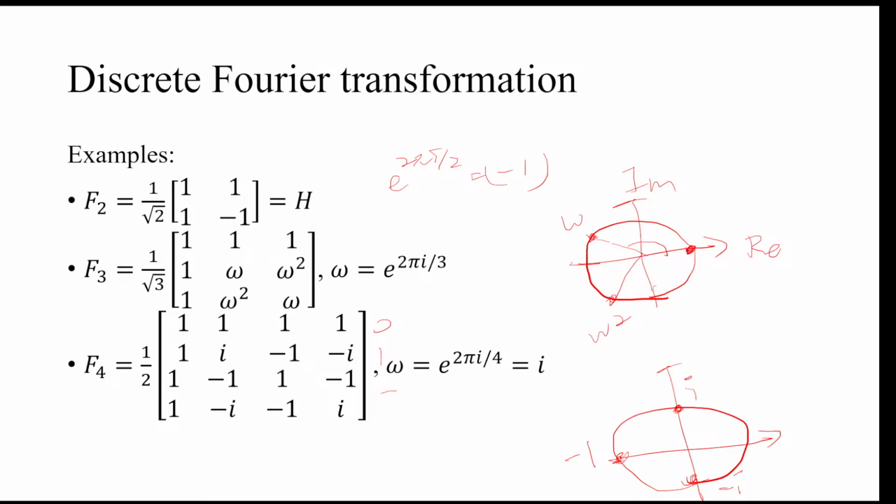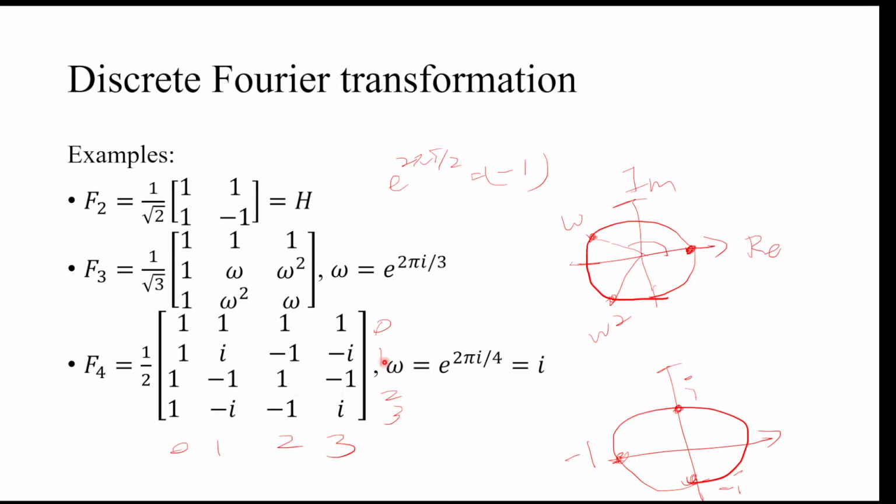On the first row and first column, because you are multiplying with 0, they are all the 0th power, so they are all 1. Then you have i to the 0, 1, 2, 3 power, and i to the 0, 2, 4, 6 power, which equals i to the 0, 2, 0, 2 power.